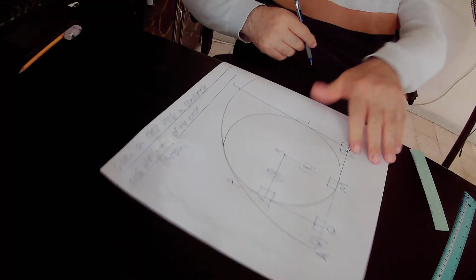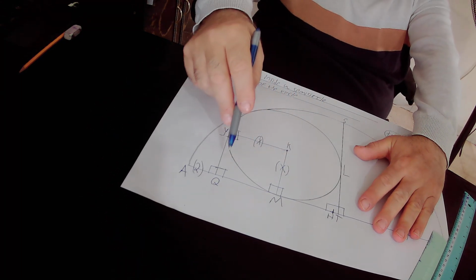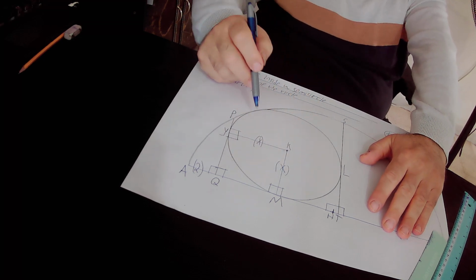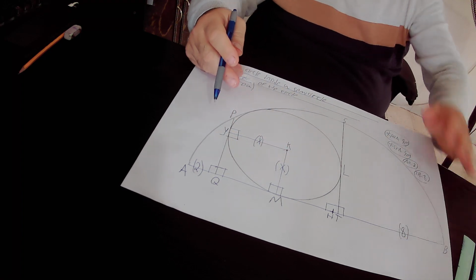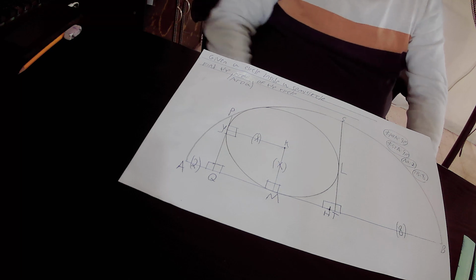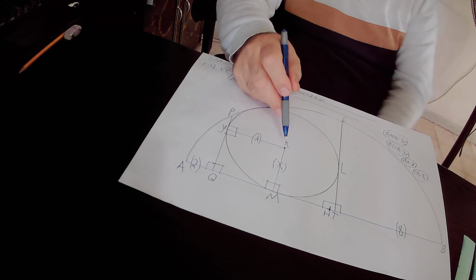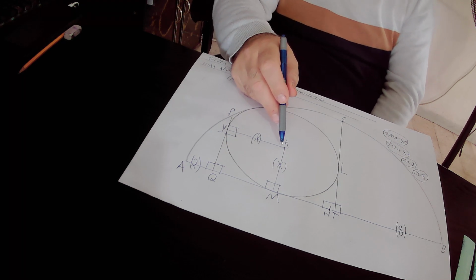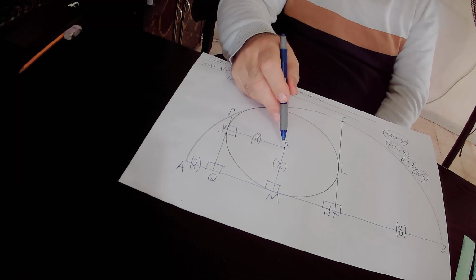In the next step, we'll focus on the small quadrilateral YKMQ. In the small quadrilateral YKMQ, we have 1, 2, 3 right angles. The sum of 3 right angles is 270 degrees, so 270 degrees plus the size of this fourth missing angle, in total, they must be equal to 360 degrees according to the rule that the sum of the angles in any quadrilateral is equal to 360 degrees.